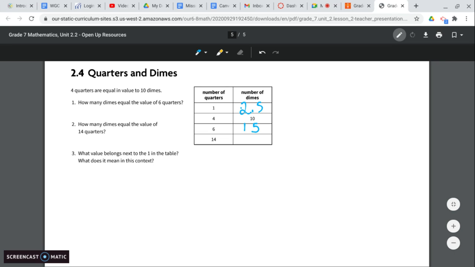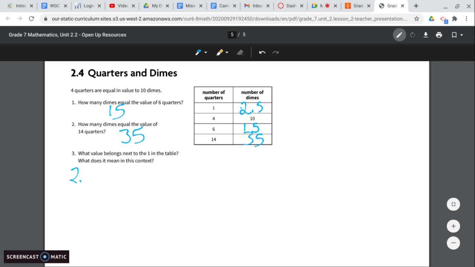Now what about 14? So take 14, multiply it by 2.5, and we get 35. And then we already did 3 by finding the value of 2.5. So what value belongs next to the 1 in the table? What does it mean?